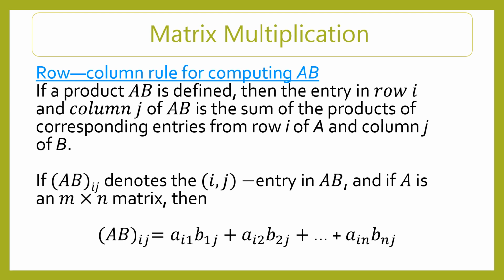In mathematical terms, if I want to multiply A by B, the ij entry of the product will be given as ai1 times b1j plus ai2 times b2j all the way to ain times bnj. Again, I'm going to use this idea in solving some examples.